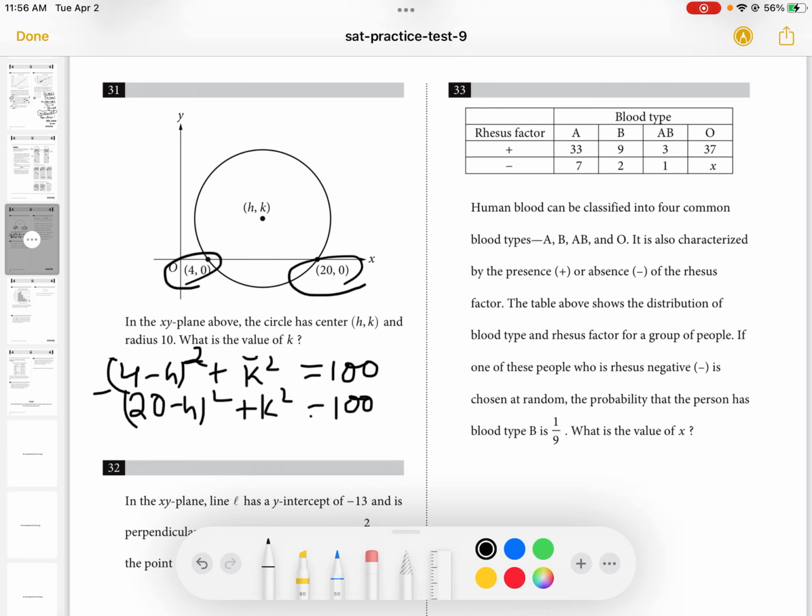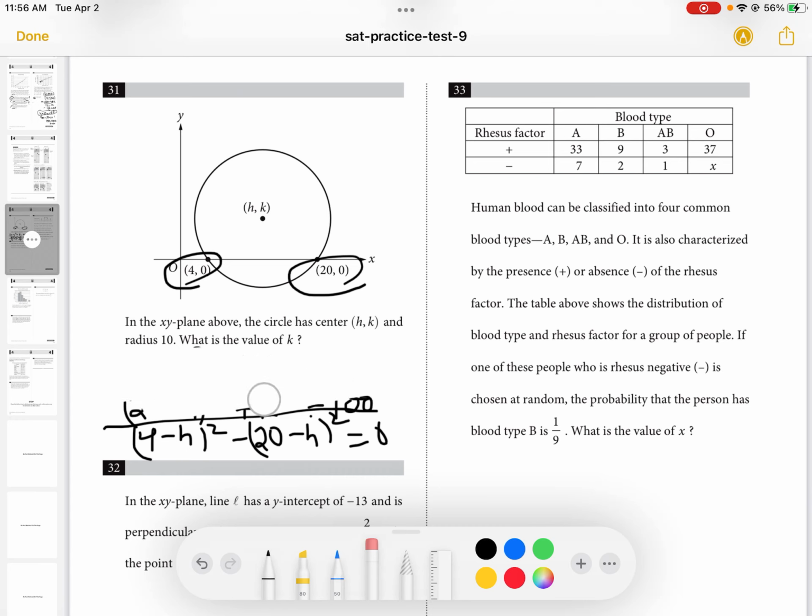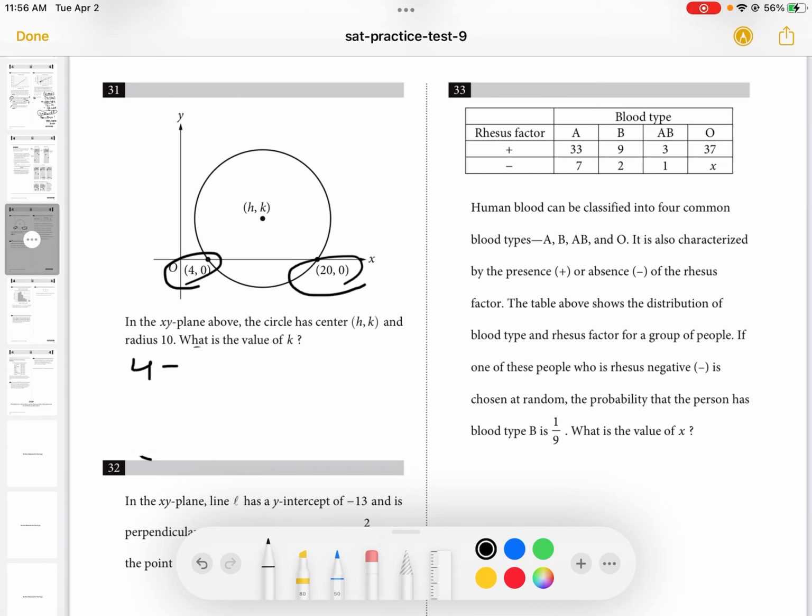When we subtract the two equations, we get (4 minus h) squared minus (20 minus h) squared equals 0. So let me get some more room to work with here. Alright.